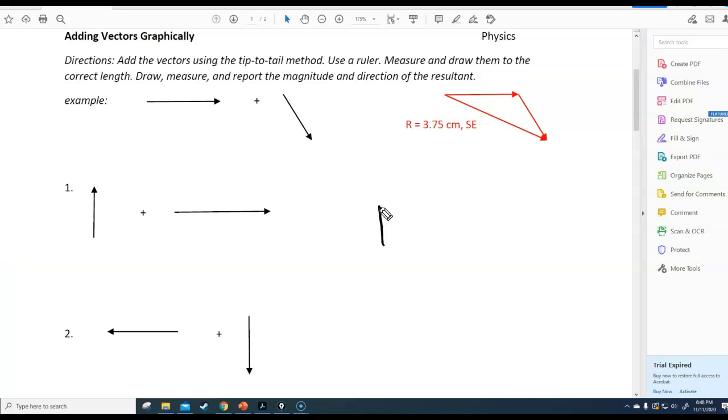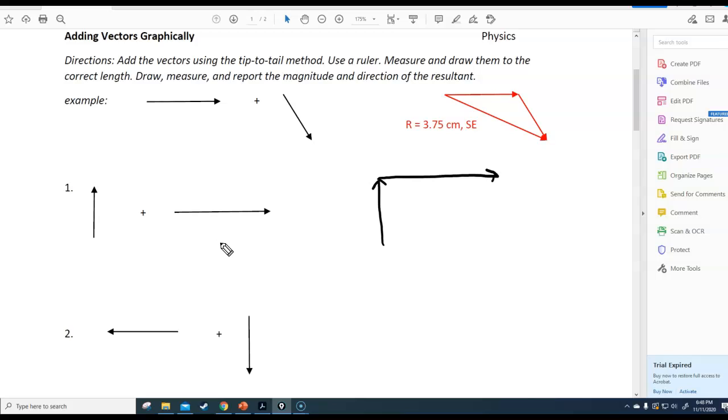What I would do is, making sure to keep the lengths roughly the same, I would draw the first vector. I would take the second vector and draw it with the tail of the second starting at the tip of the first. Okay, so I would start at the tip of my first vector and draw my second vector, trying to make sure that the length is roughly correct.